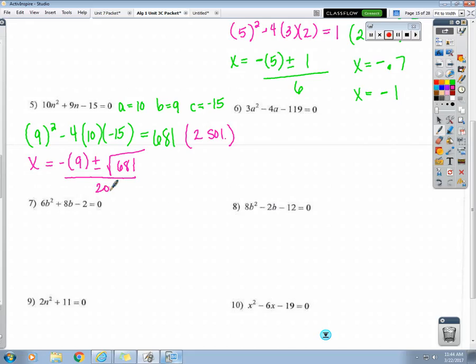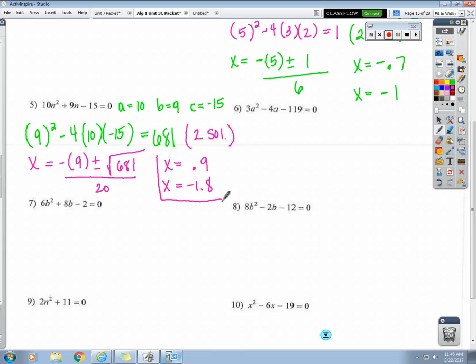Now type in each version. Negative 9 plus that over 20 and negative 9 minus that over 20. What did you get when you did negative 9 plus the square root of 681 over 20? 0.9. And what about negative 9 minus the square root of 681 over 20? Negative 1.8.